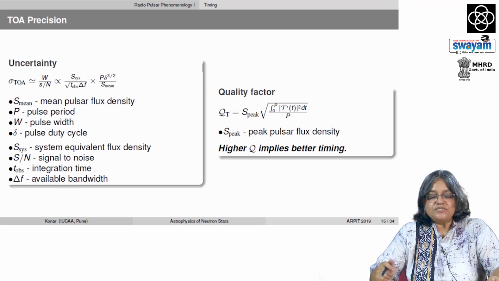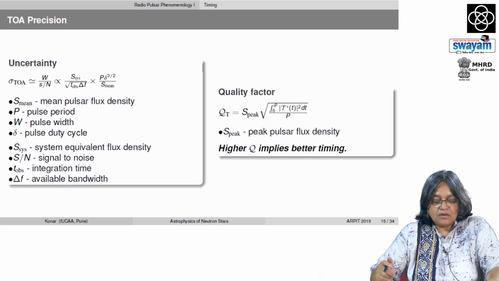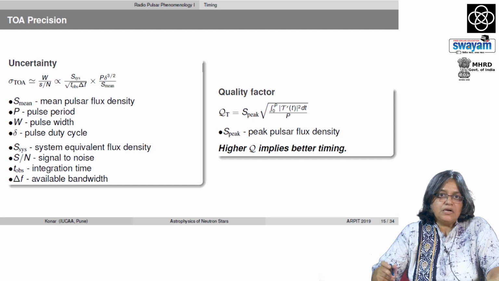Now, how precise is the TOA calculation or the TOA that we obtain? Certain quantities are defined to understand the precision with which we are doing the timing of a particular pulsar.